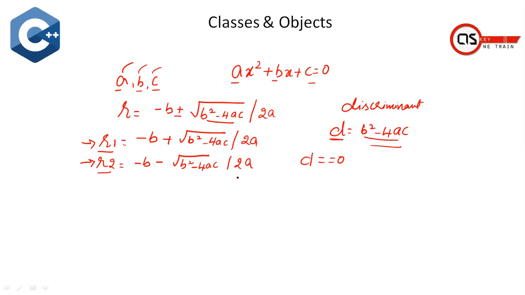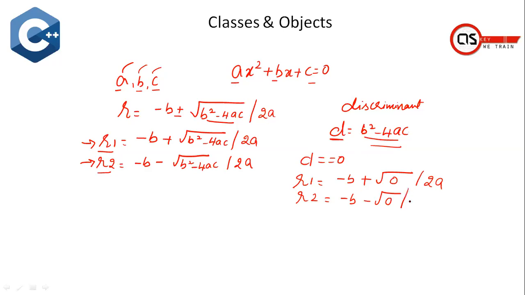When I substitute the value here, R1 equals minus b plus square root of b square minus 4ac, whose value is 0, divided by 2a. R2 equals minus b minus square root of 0, because if I get the value of b square minus 4ac as 0, then I substitute 0 here.